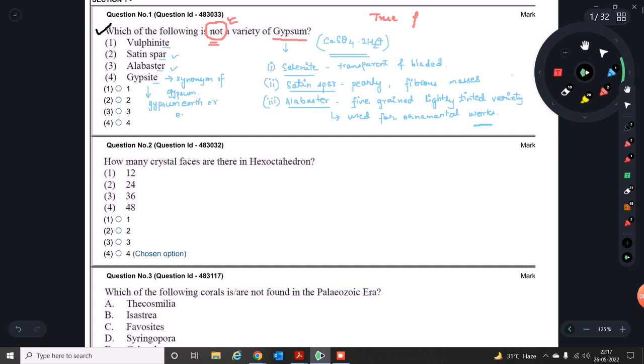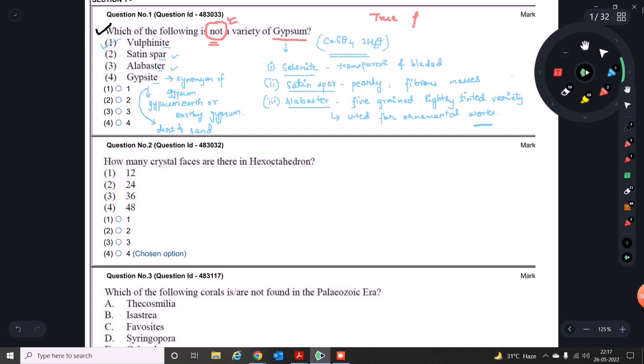Gypsum earths, or you can write it as earthy gypsum. Okay. This variety consists of dirt and sand. That is why it is known as earthy gypsum. It consists of dirt and sand.